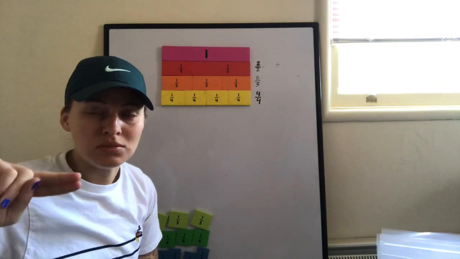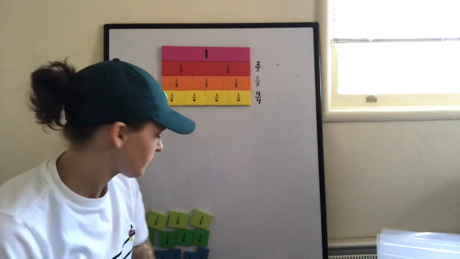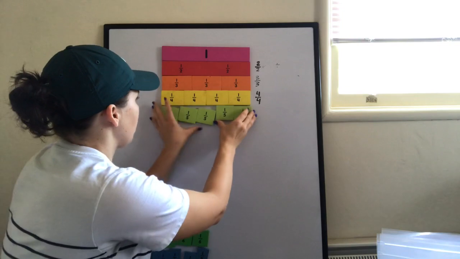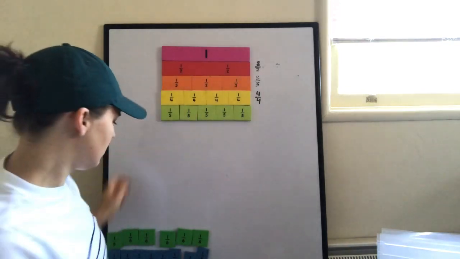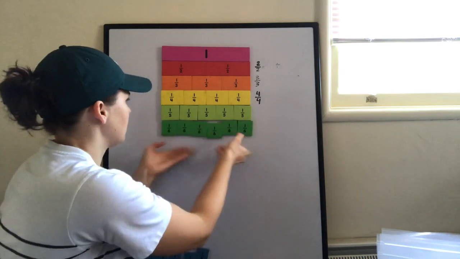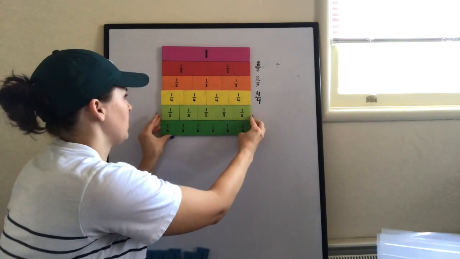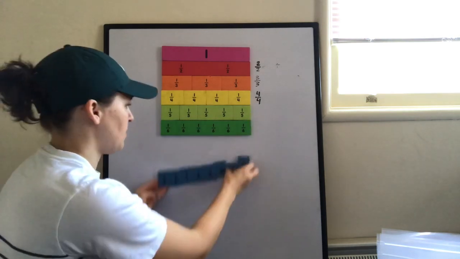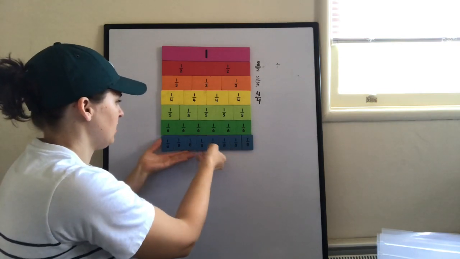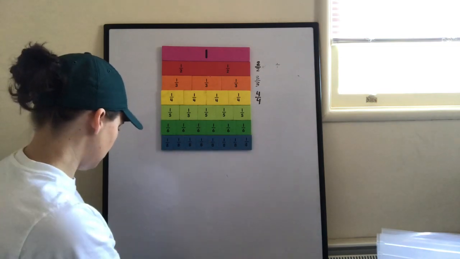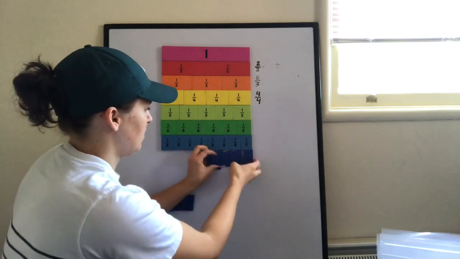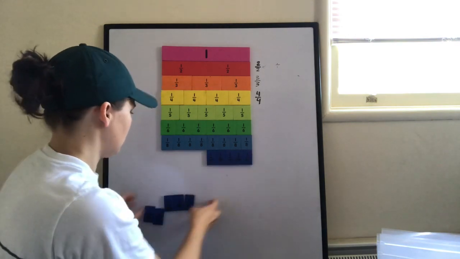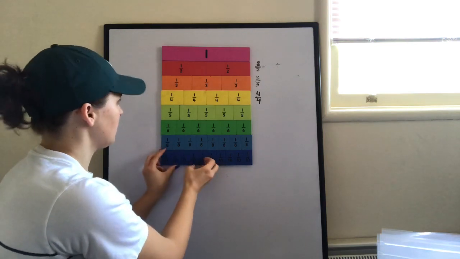So whenever you have a fraction with the same numerator and the same denominator, it's 1. 5/5 is the same as 1. 6/6 is the same as 1. We're going to skip 7, go to 8. 8/8 is the same as 1. We're going to skip 9. 10/10 the same as 1.